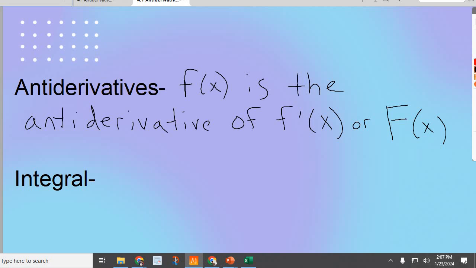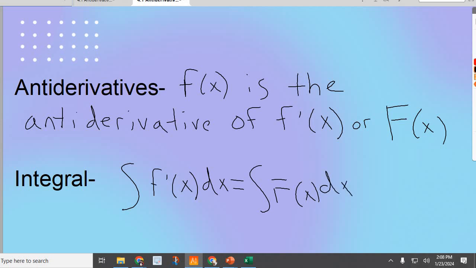Now, just like our little tick mark or our dy dx means derivative, we have a symbol that means antiderivative, and it is the integral symbol. It's kind of like a big S. So we have the integral of f prime of x dx, or it can also be written as the integral of capital F of x dx equals little f of x, and again, remember that we have to add our plus c.